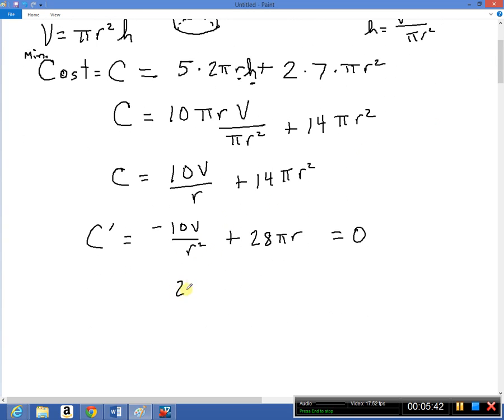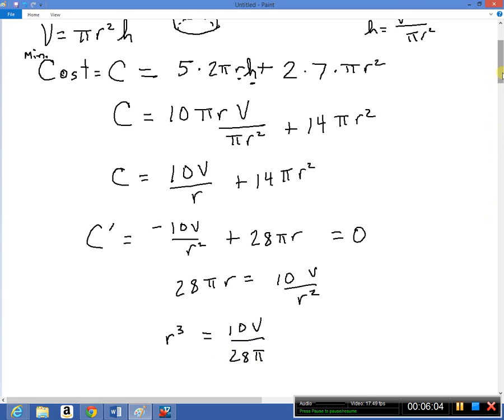So that's going to be 28 pi r equals 10v over r squared, and so r cubed, moving the r squared over to that side, is equal to 10v over 28 pi.